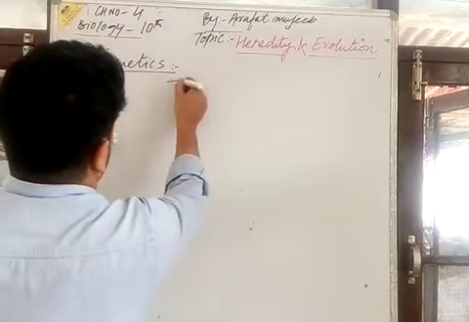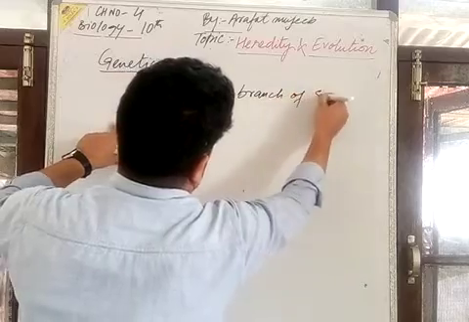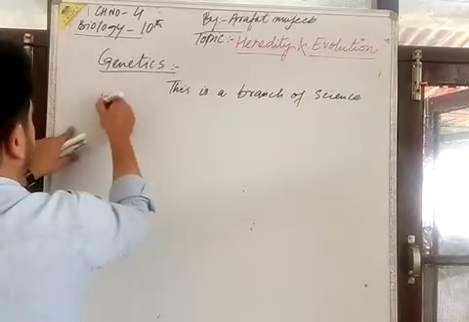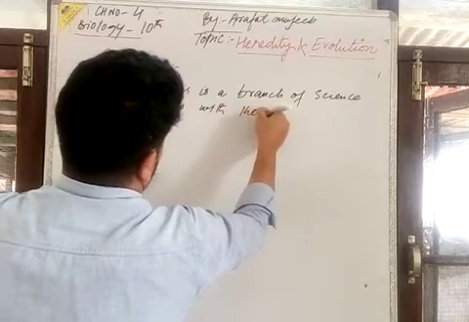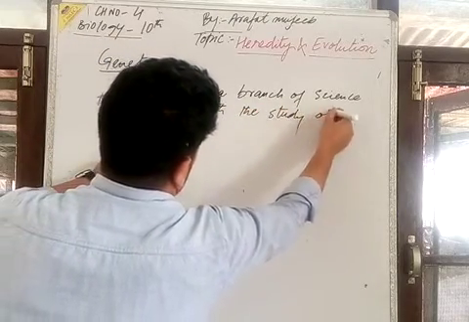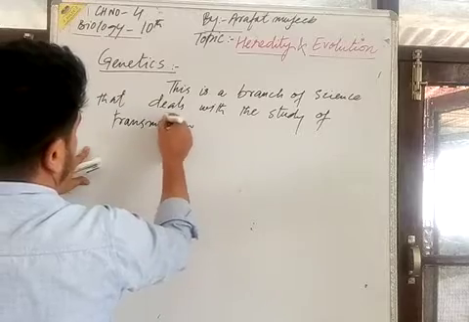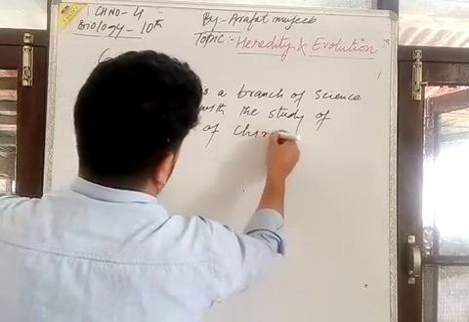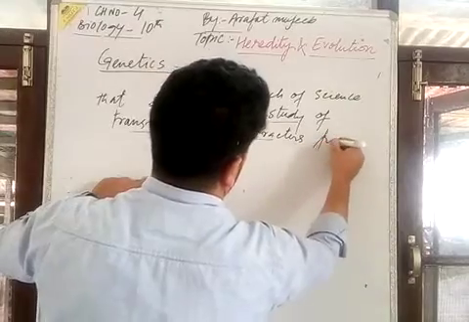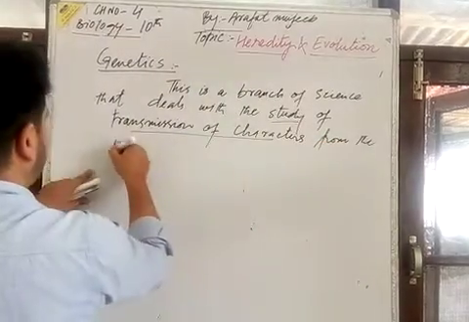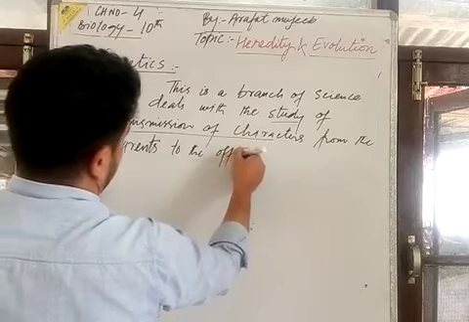जो जेनेटिक्स है हम कैसे डिफाइन कर लेंगे? This is a branch of science that deals with the study of transmission of characters from the parents to the offsprings.